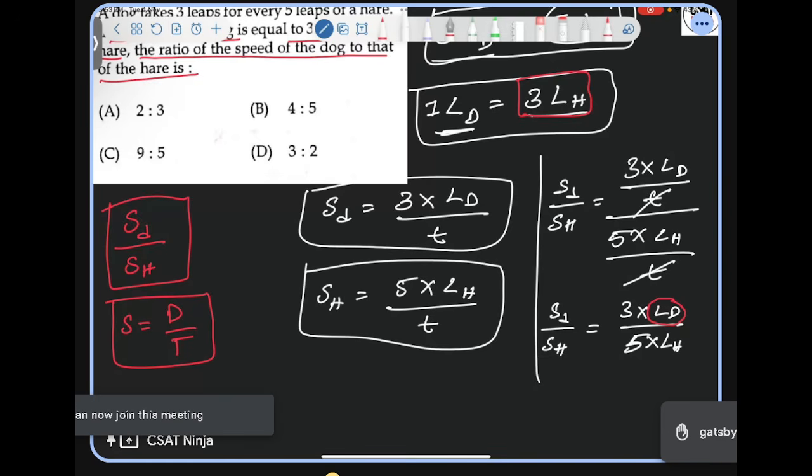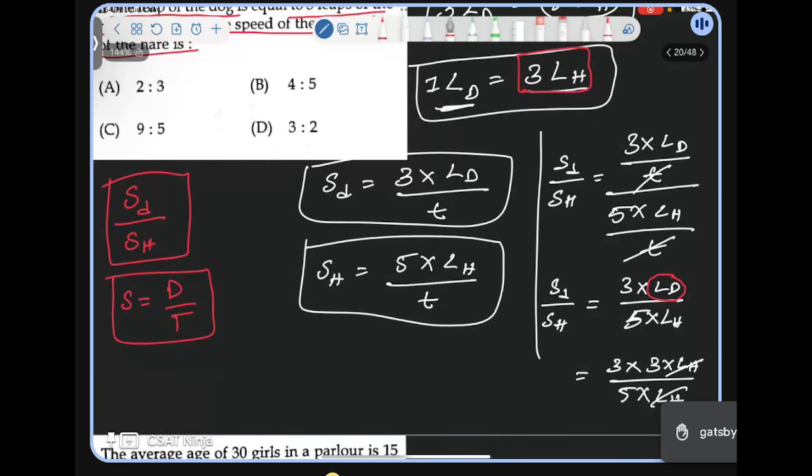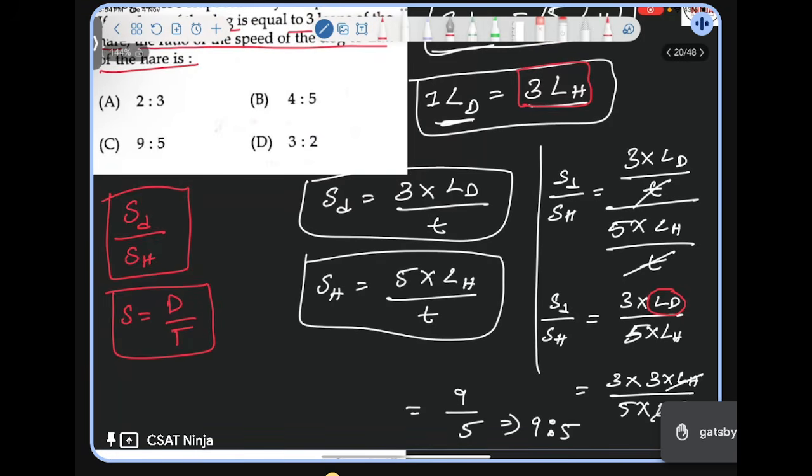That can be written as 3 into 3 times the leap of the hare divided by 5 times the leap of the hare. The leap of the hare cancels. How much are we getting? 3 threes are 9, divided by 5. So the ratio is 9 is to 5, which is option C.